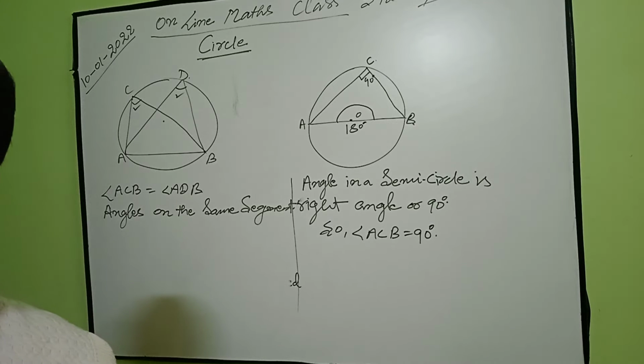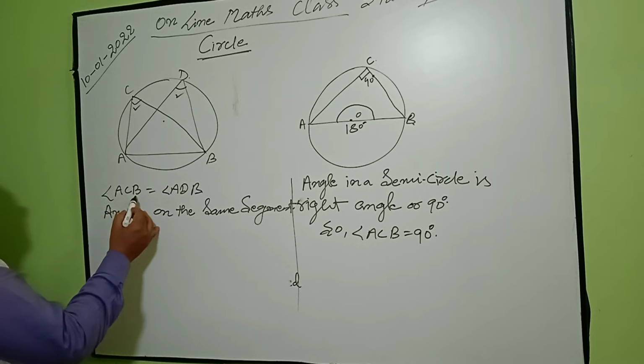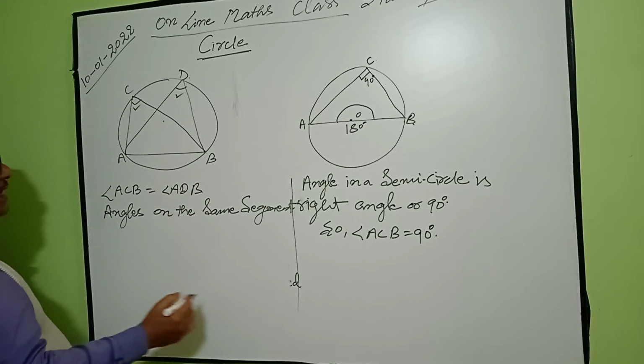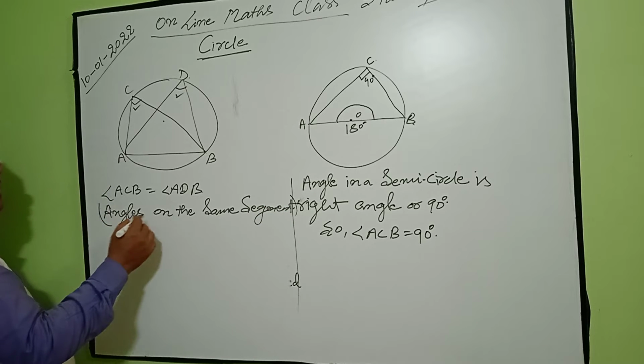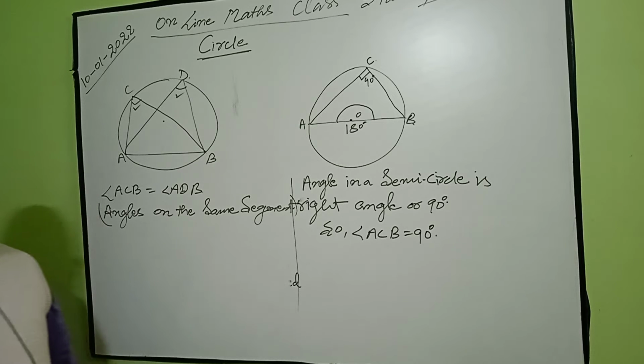Write down: angle ACB equals angle ADB. Both are same. The reason will be angles in the same segment. Okay?